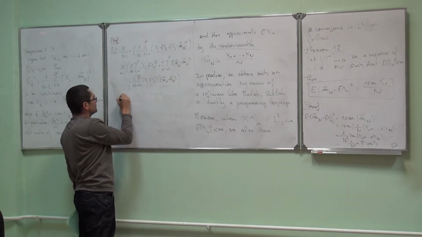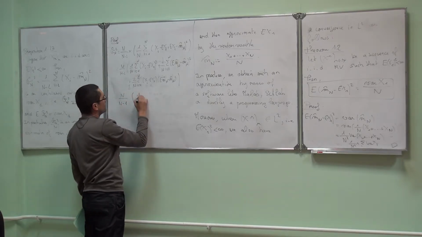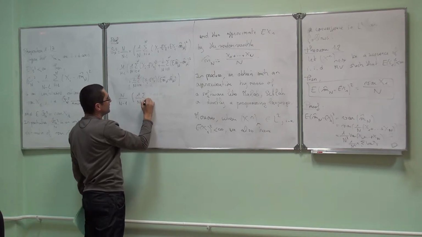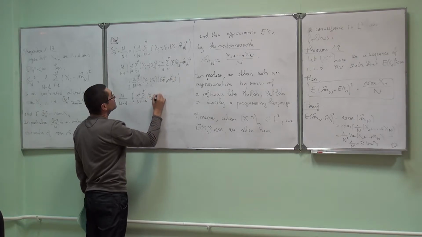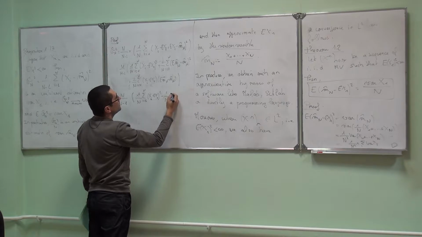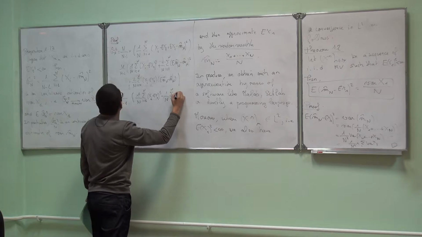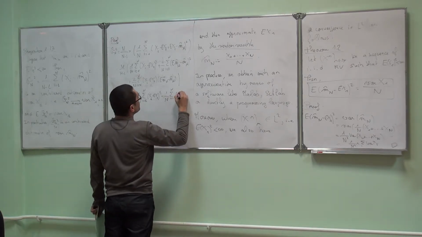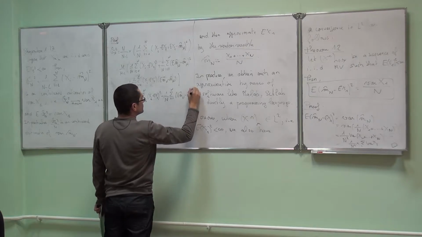And then you get n over n minus 1 times 1 over n, sum for i equals 1 to capital N of xi minus the expectation of x1 square, minus 1 over n the sum for i equals 1 to n of expectation of m hat n minus m hat n square.